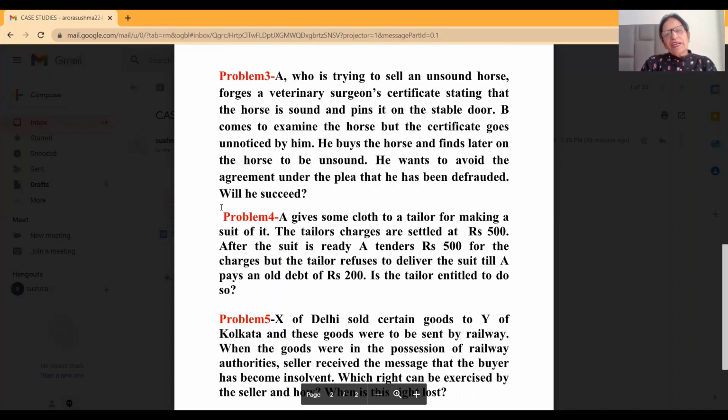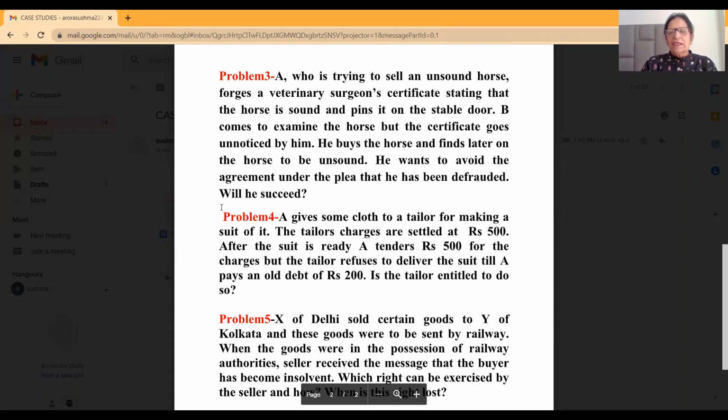Friends, this problem pertains to the chapter bailment. Lien is the right to retain the property till the dues are paid. Lien can be of two types. One is the general lien, the second is the particular lien. And this given problem pertains to the heading particular lien, or special lien, or specific lien. Now, A has given the cloth, so A is the bailor and the tailor is the bailee. The main purpose of the bailment is conversion of cloth into the suit.